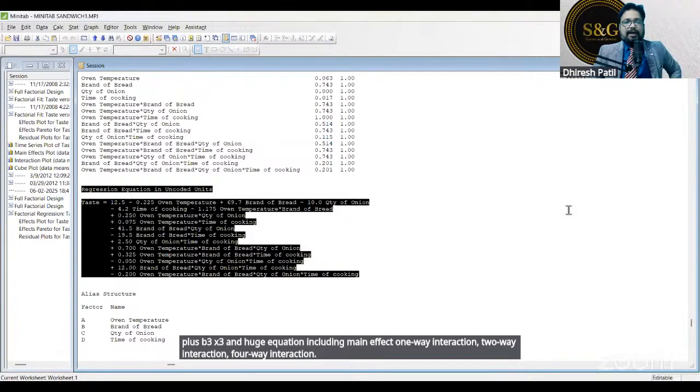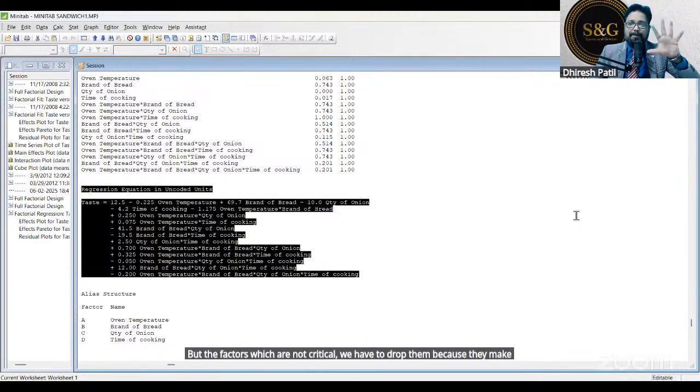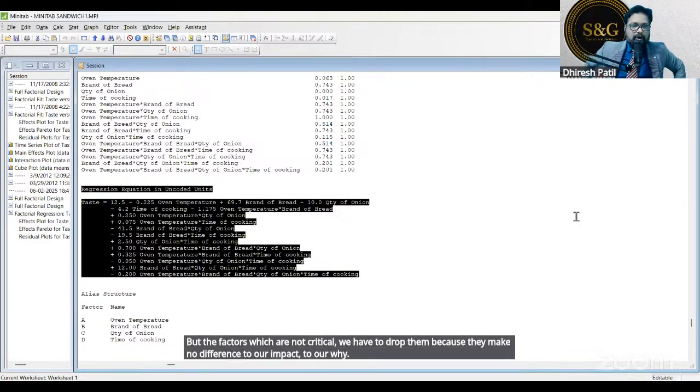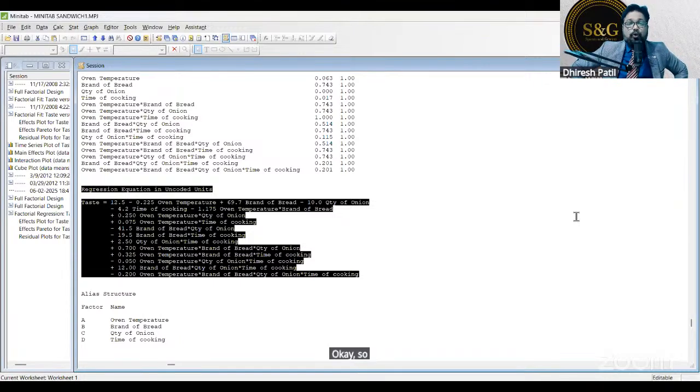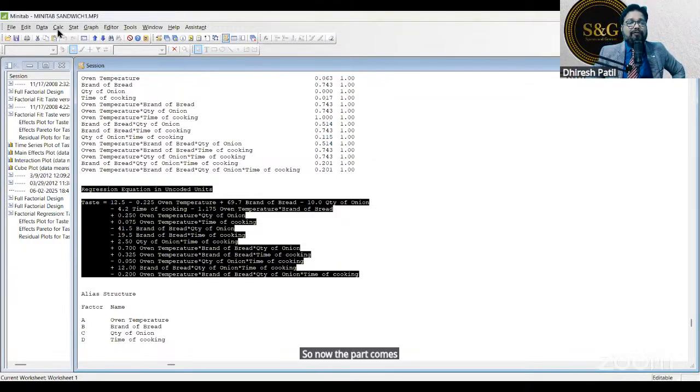But the factors which are not critical, we have to drop them because they make no difference to our Y. So that is the reason we need to remove those factors which are not impactful. Everybody with me? So now the part that comes is the removal of the factors.